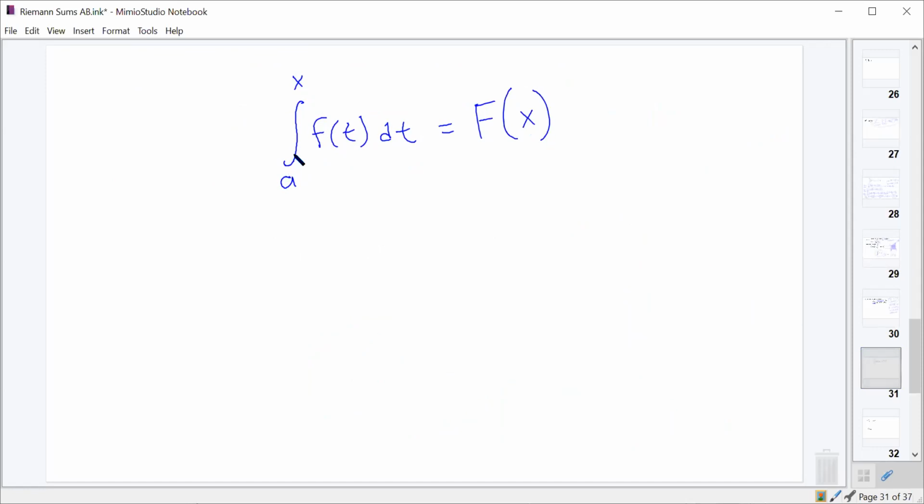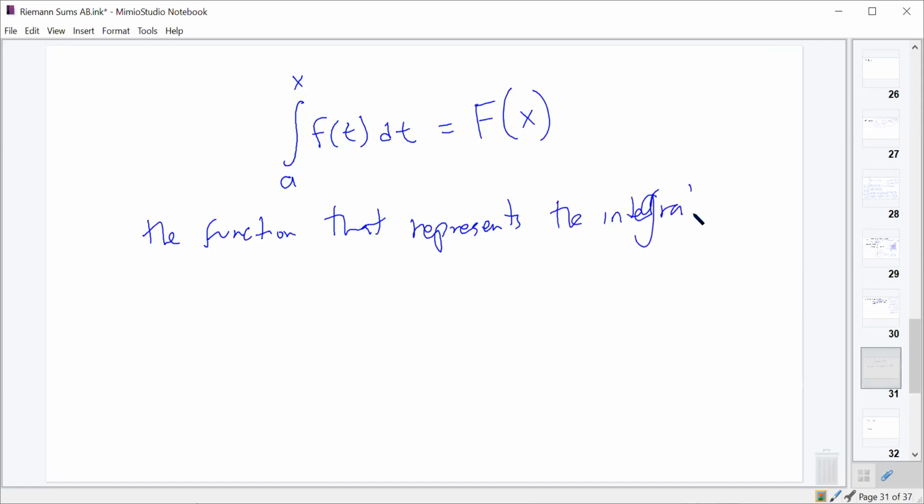Okay, that the integral of little f, basically the function that represents, and I'm going to write this out in words, the integral of little f is capital F.